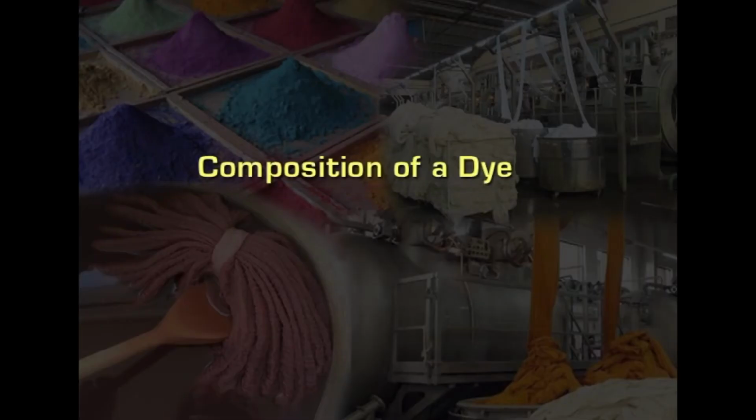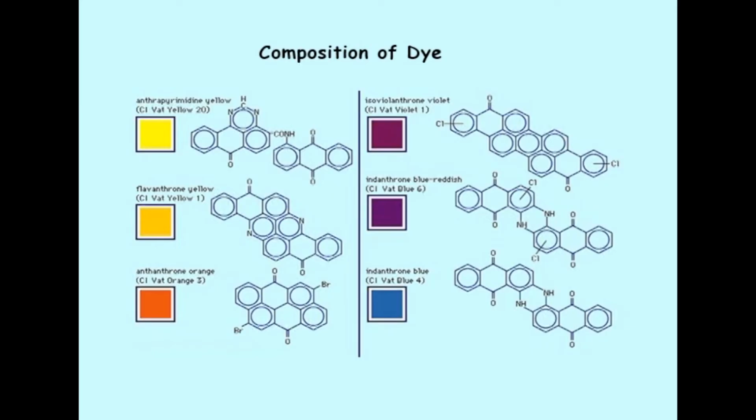Coming to the composition of a dye molecule, it is a conjugated system, having a conjugated framework wherein the double and single covalent bonds alternate between the atoms, and this forms the framework for each dye molecule.